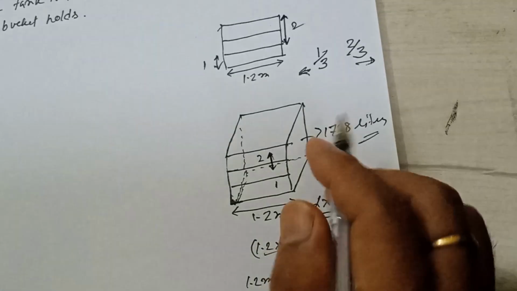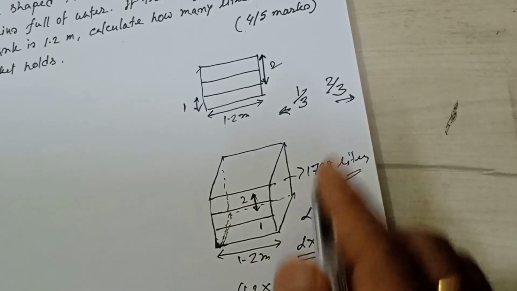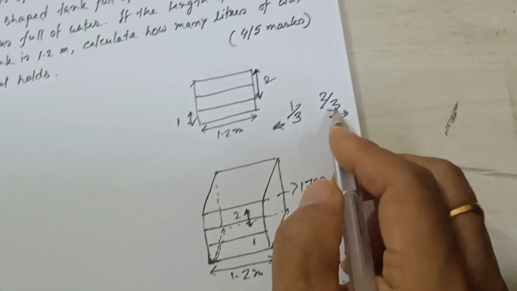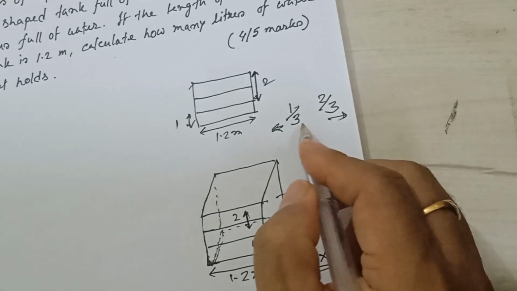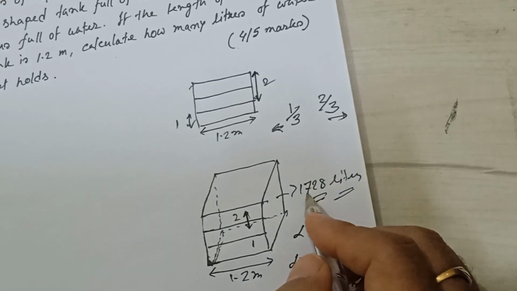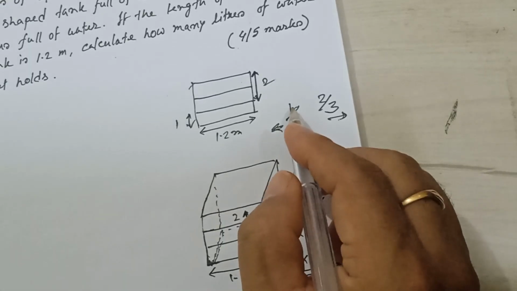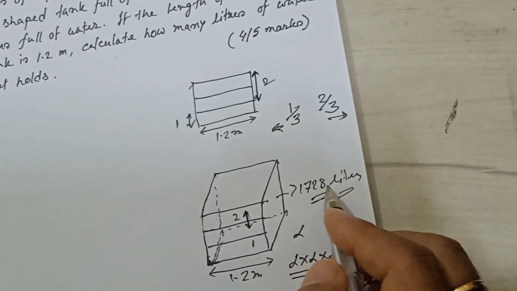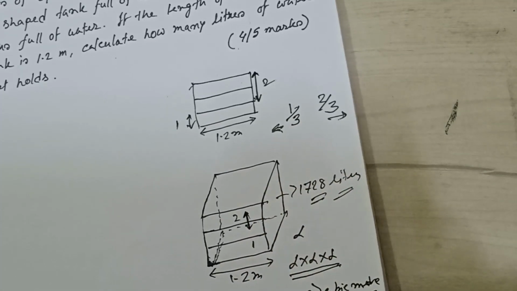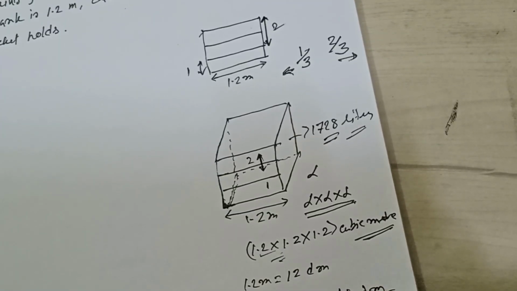So if we can find how much 2/3 of 1728 is, and how much 1/3 of 1728 is, then we find our solution easily. So let us do that.